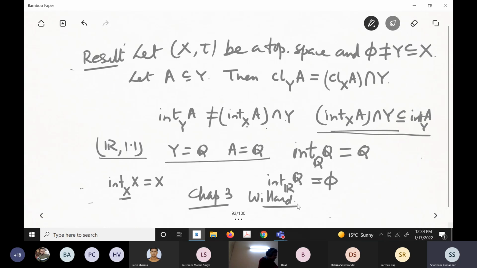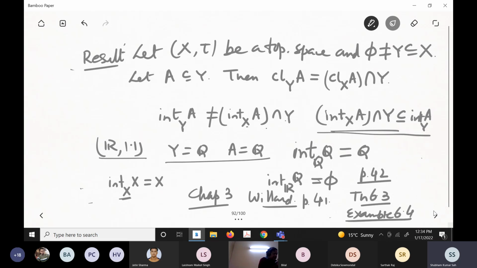Subspace is on page 41. All these results you should particularly find on page 42, Theorem 6.3. And Example 6.4 gives the example of the interior thing that I gave. So this is subspace.